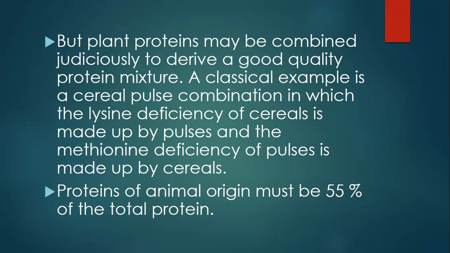Proteins of animal origin must be 55% of the total proteins. We know there are 2 types of proteins: proteins of animal origin and proteins of vegetable origin. And here proteins of animal origin must be 55%, and proteins of vegetable origin must be 45%.